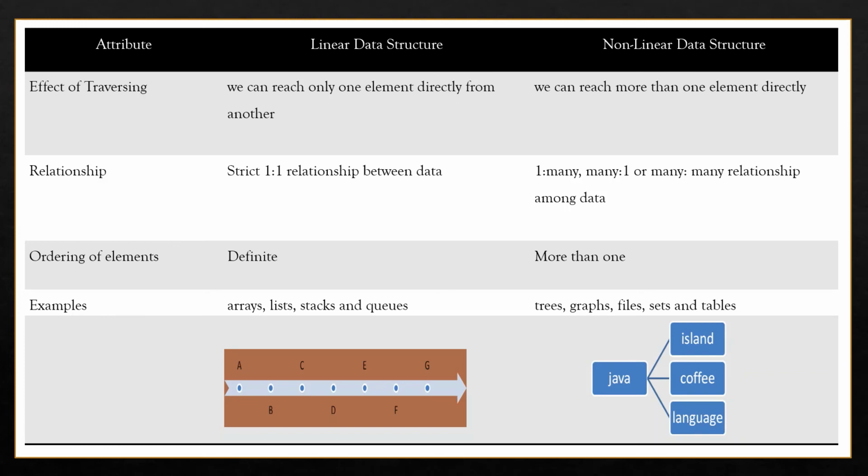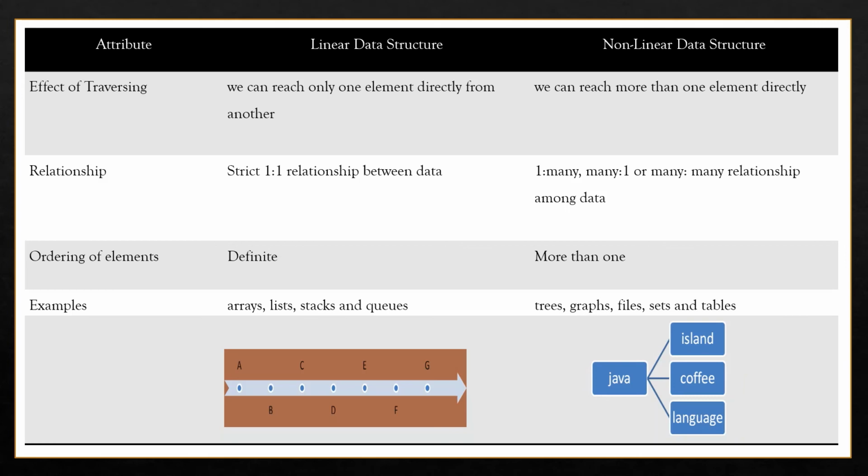There are very strict rules that the successor for B is C, that is, the element that follows B is C, and the predecessor of B, that is, the element before B, is A. There is never a confusion as to what should be the next element and what should be the previous element.